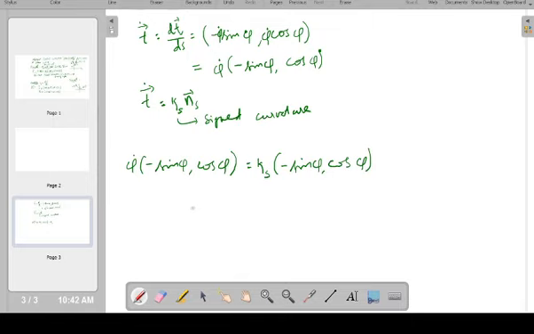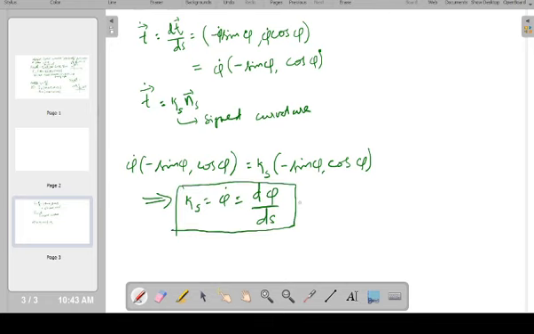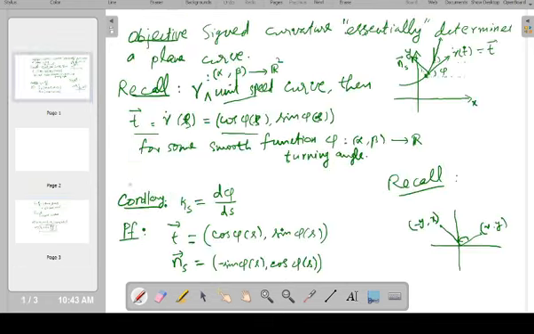This implies, since two vectors are equal if and only if their first components are equal and second components are equal, that kappa s is phi dot. Phi dot means d phi by ds. And this is what I wanted to prove. Thank you.